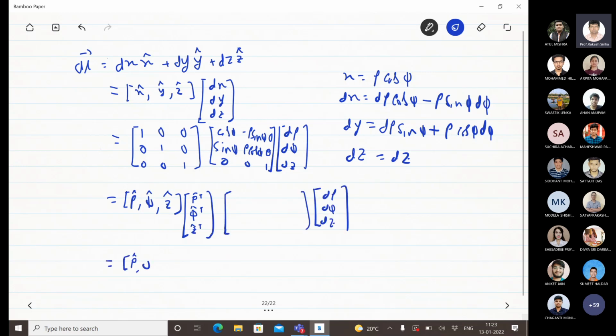Then you have phi, then you have z. Okay, now what is the rho vector transpose?